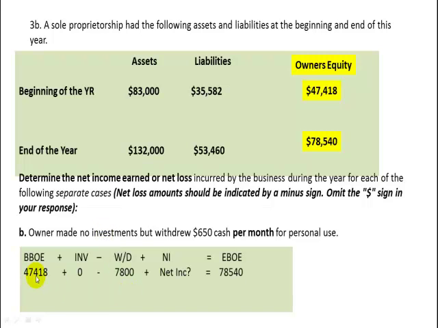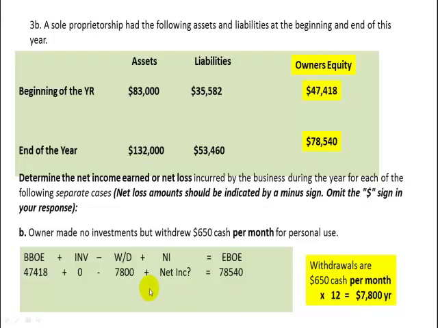Beginning owner's equity was 47,418. Investments were 0, like before. Withdrawals were $7,800. That's 650 times 12, and it's going to be a minus there. We're still looking for net income, and the ending owner's equity balance was 78,540.